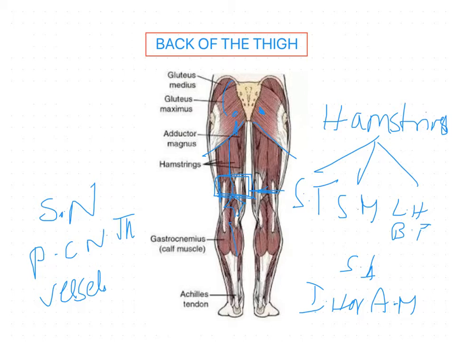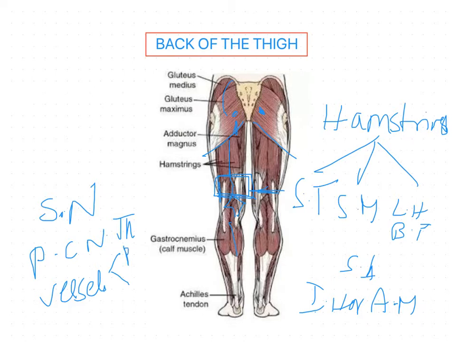Normally the femoral artery is present on the anterior aspect, but its branch, the profunda femoris artery, gives branches to the posterior part of the thigh. The veins accompany the arteries, that is the profunda vein.